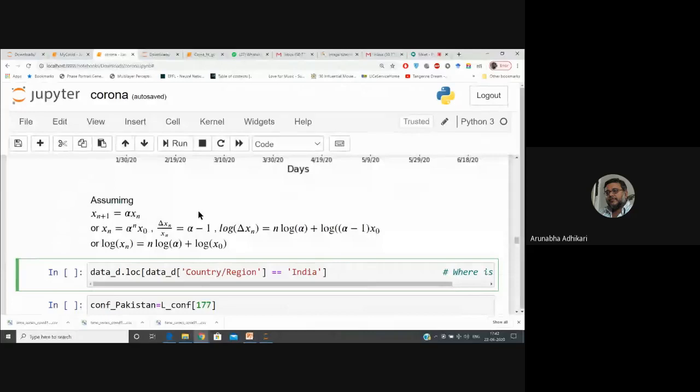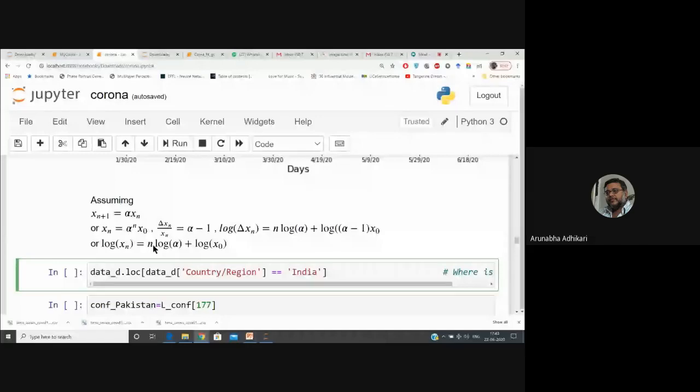I don't want to call it R or anything, that epidemiologically significant quantity. If so, it's a recursion relation, so if I plot it in log scale, that should give me n log alpha plus log x naught. So if I plot n on the x-axis and log xn on the y-axis, I should expect a constant slope, and the slope should be log alpha.